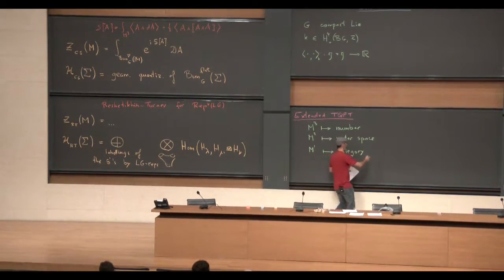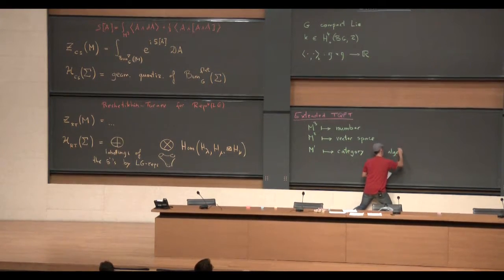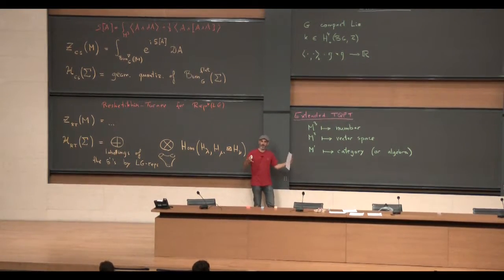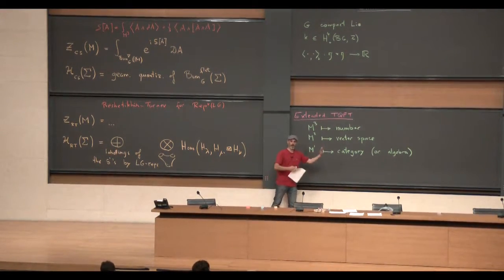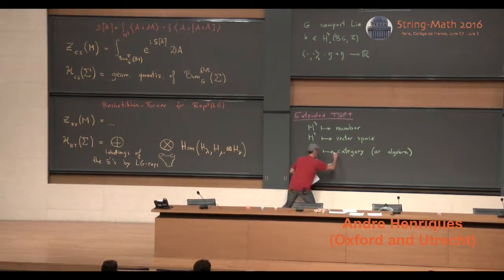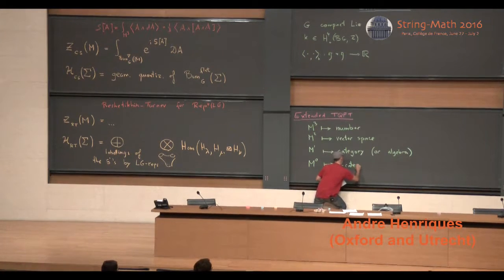Possibly, one can also encode a category by the data of an algebra. So it's okay if you have an algebra as the value of the theory on a 1-manifold, because an algebra and a category are kind of the same thing. Given an algebra, I can take its category of representations. And to a 0-dimensional manifold, well, the recipe says that it should have a 2-category.